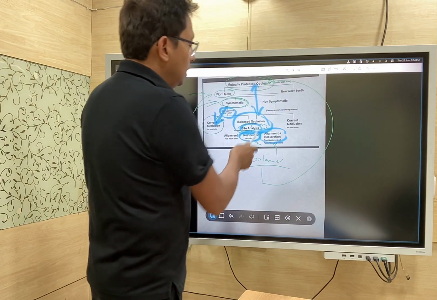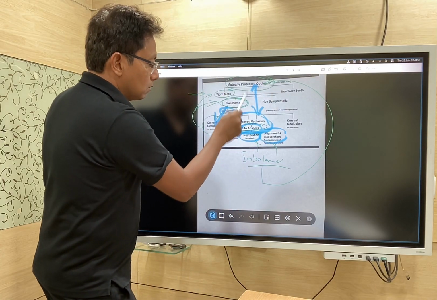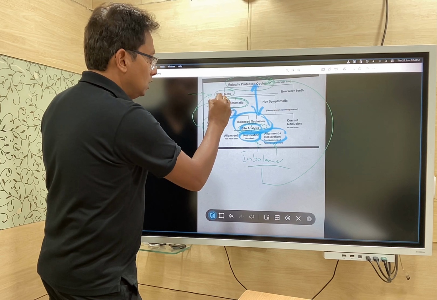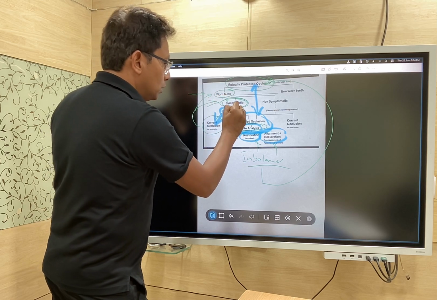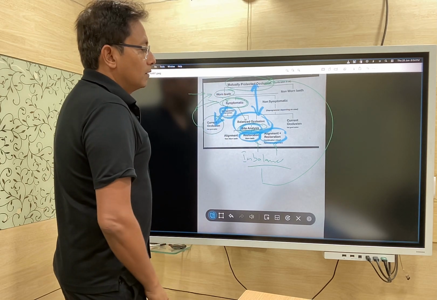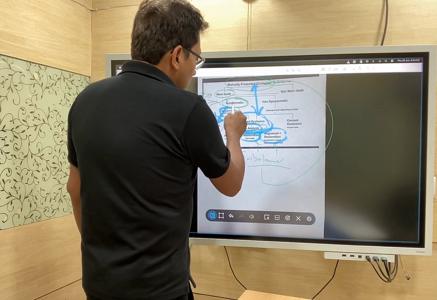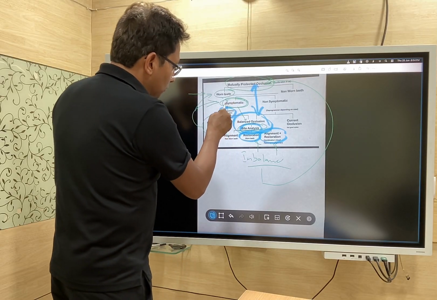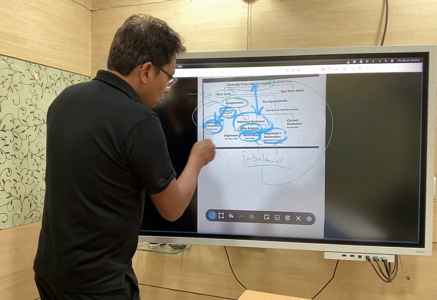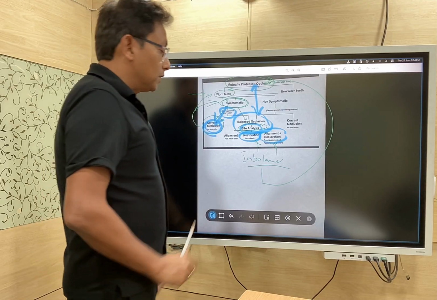So today I have just explained one flow chart. Worn teeth, symptomatic patient, you need to give a balanced occlusion. Worn teeth, symptomatic patient, if you treat at current occlusion, you are going to have further trouble.